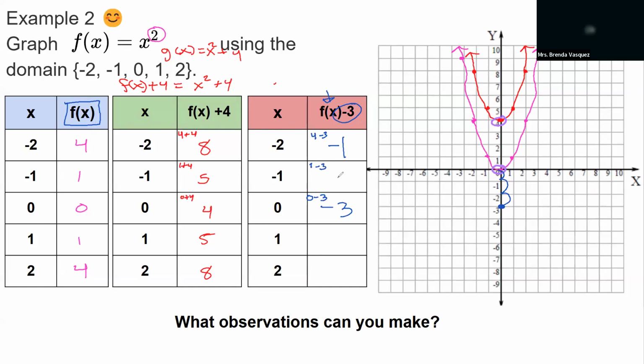It should be negative 2. So every single point that we have here, we shifted down 3 units. 1, 2, 3. That's how we double check. We can continue to graph forever and ever.